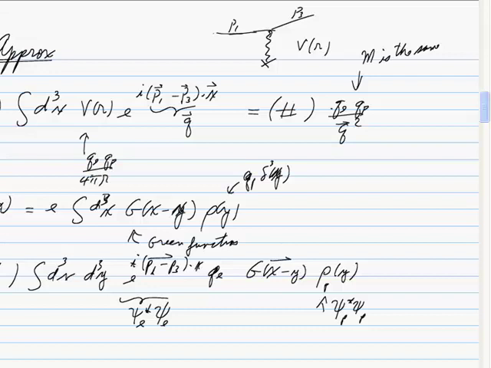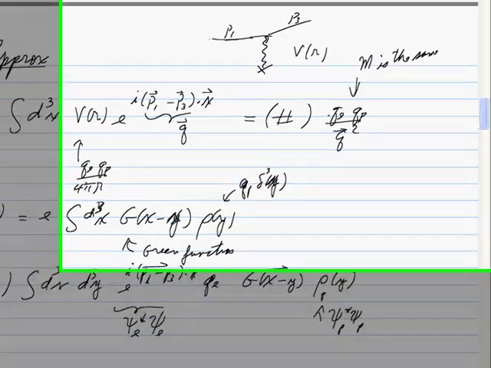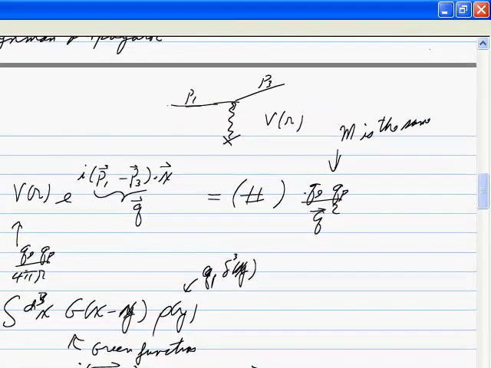At this stage you're starting to see the symmetric form, just like we had above, where you have the proton's wave function, the electron's wave function, and the Green's function in between. This is just the non-relativistic version of the Feynman rules that we got up above, and it ends up being the final answer.